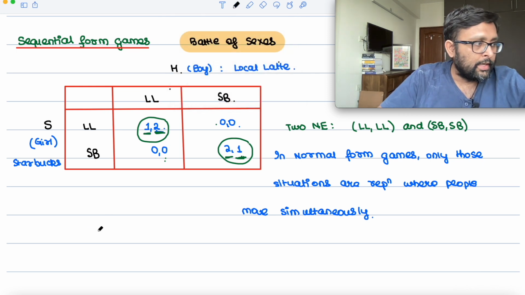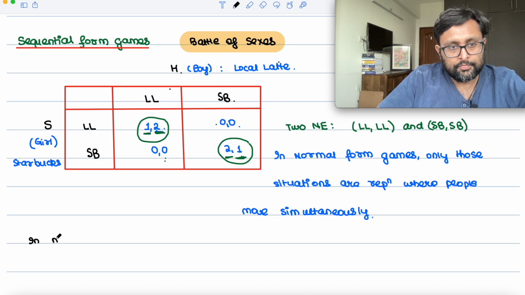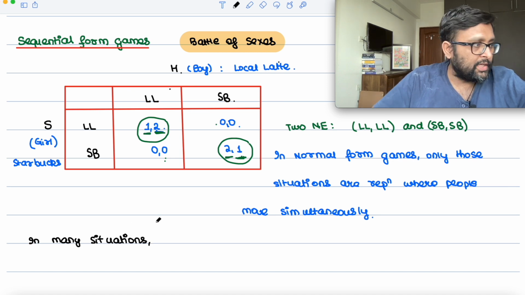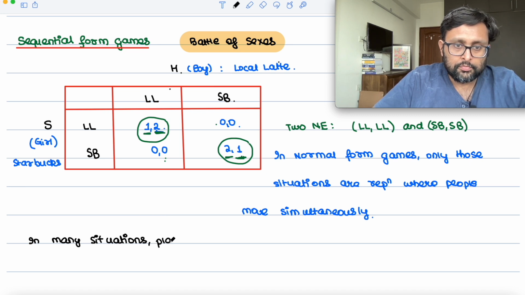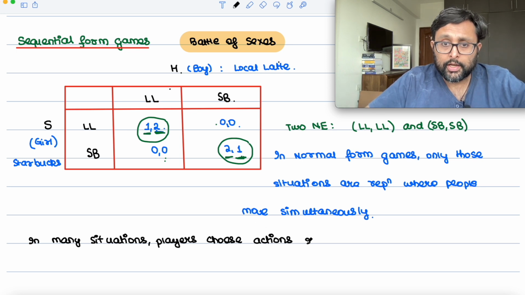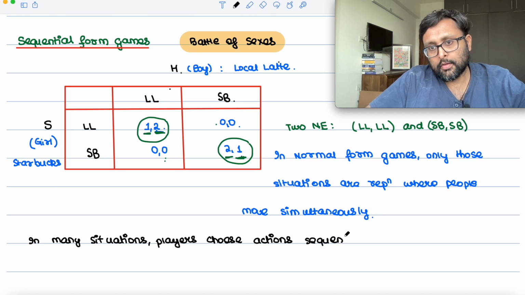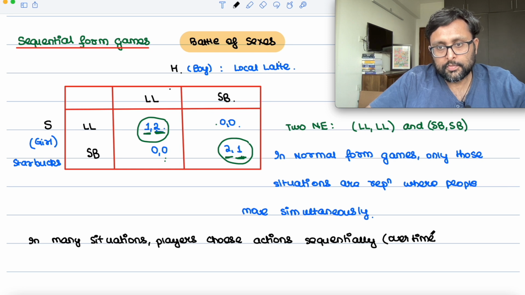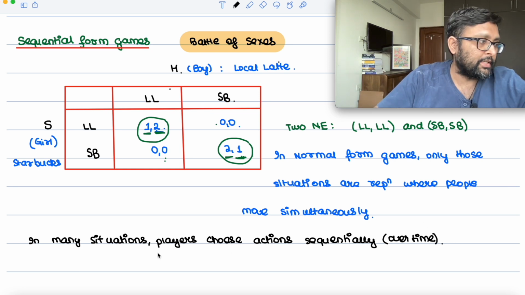So in many situations, players choose actions sequentially over time rather than simultaneously.